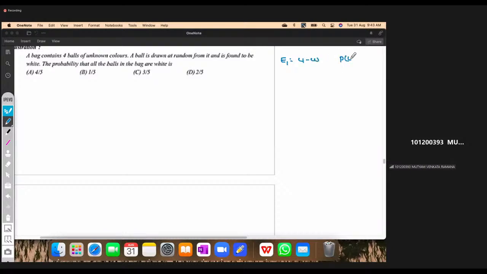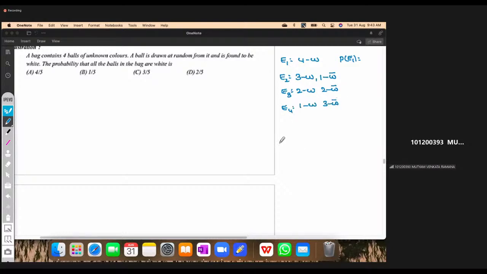So probability of E1, let me write again. Event 2 means the box may contain 3 white and 1 non-white. Whether this is red or blue or green, I just don't mind. Whether it is white or not white. Event 3 is 2 white, 2 non-white. Event 4 is 1 white, 3 non-white.